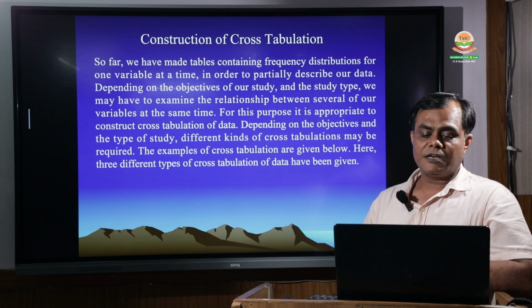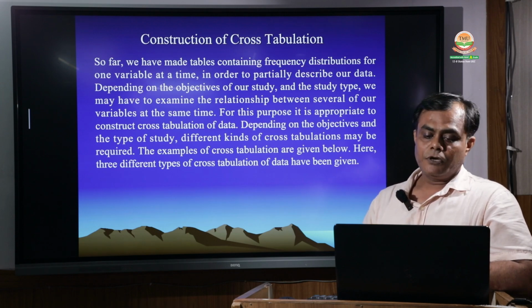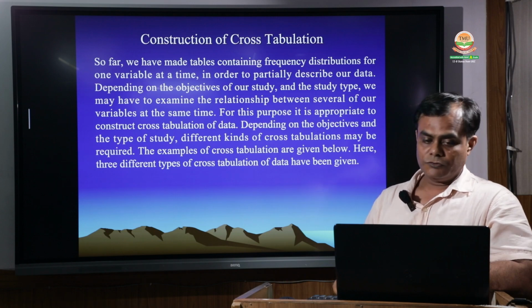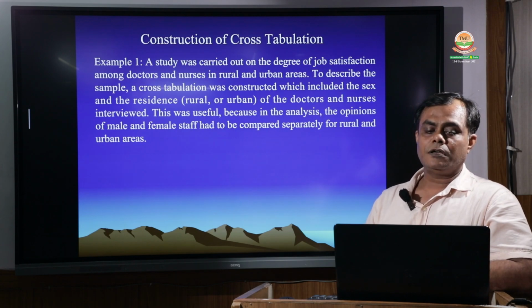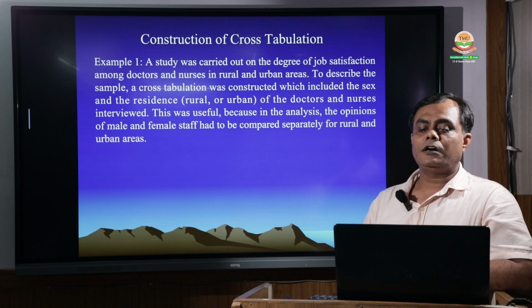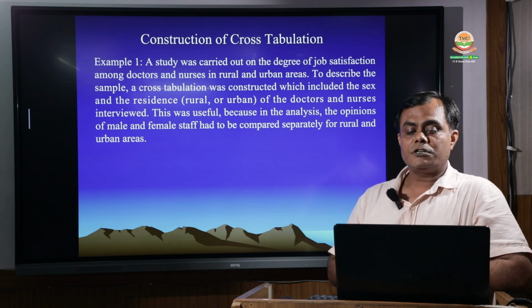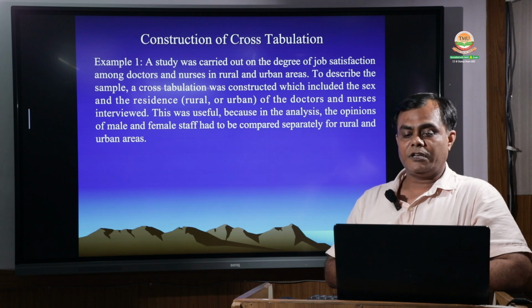Examples of cross tabulation are given below. Here three different types of cross tabulation of the data have been given. In the first example, a study was carried out on the degree of job satisfaction among doctors and nurses in rural and urban areas.